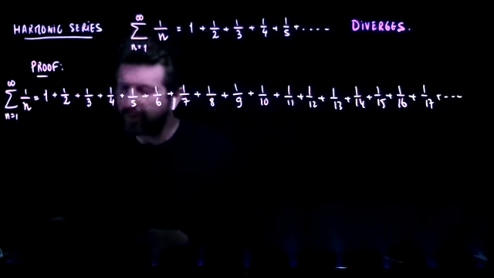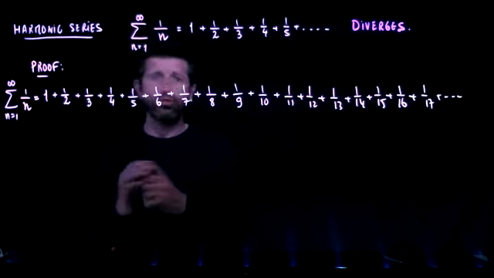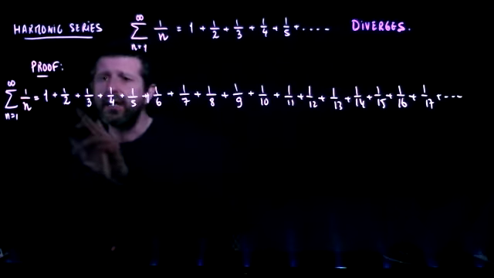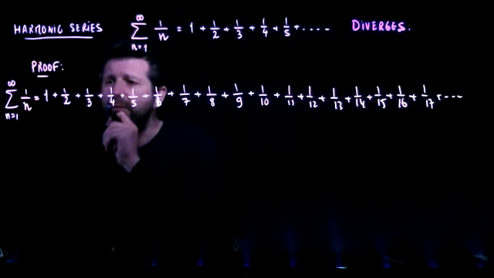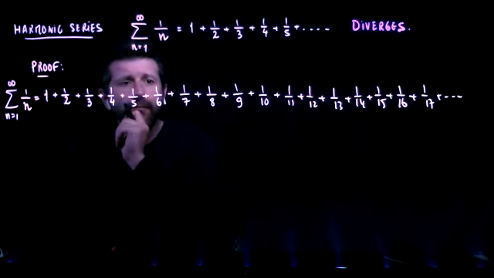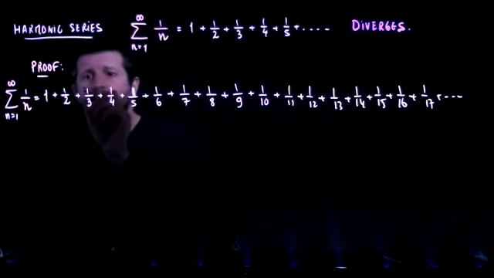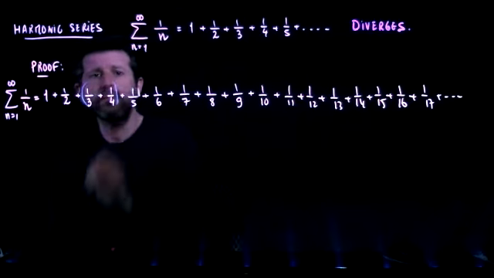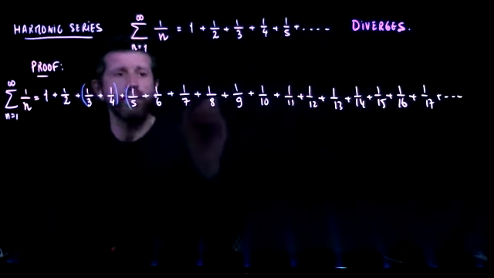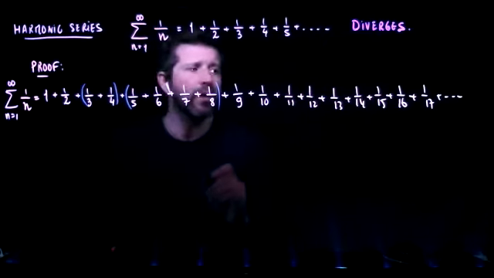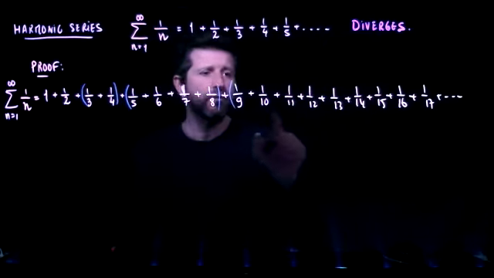What I'm going to do now to show that it diverges is I'm going to group these two, then I'm going to group these 4, and then I'm going to group these 8.